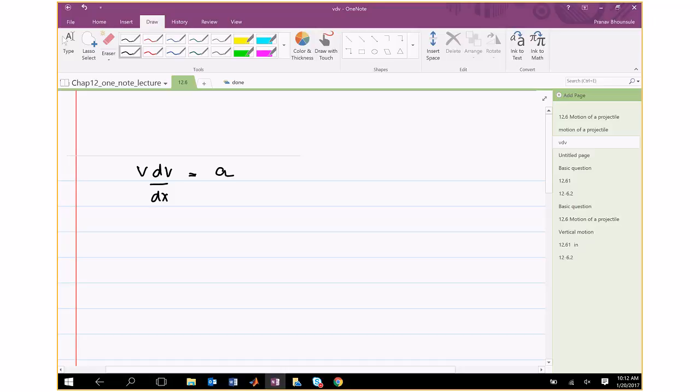We can use this formula to find the velocity as a function of distance, and this is particularly useful in the y direction. If you put vy dvy/dy equals minus g, you should be able to derive vy squared is vy0 squared minus 2g times (y minus y0).